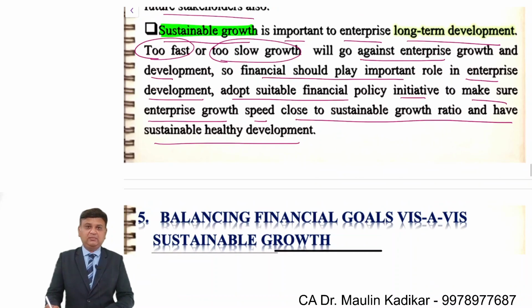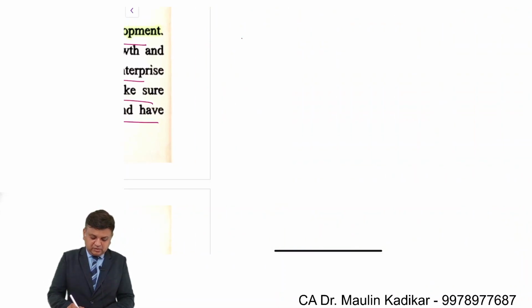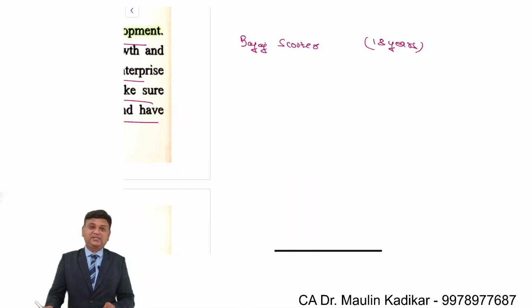Friends, there was a time when if you booked a Bajaj scooter, you would get the delivery after 18 years. Yes, there was a time when the Bajaj company had so many orders that the waiting time for getting a Bajaj scooter was 18 years.